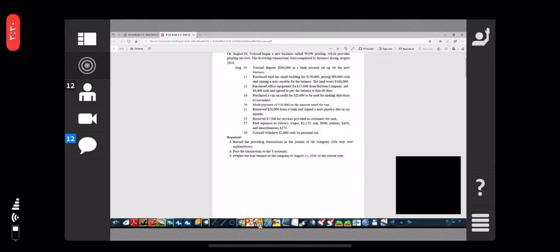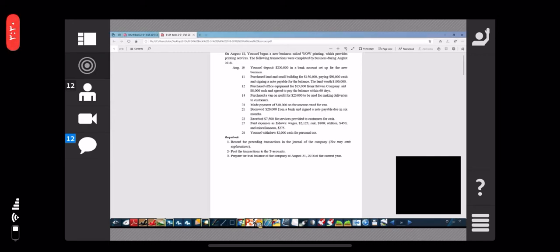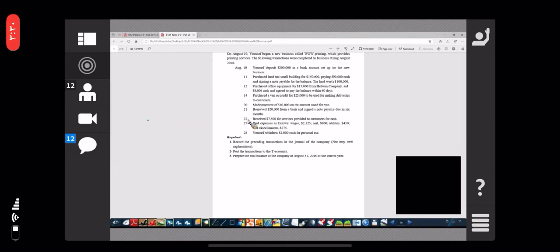The second requirement, he will ask you to post the journal entry to the ledger or to T accounts. But in the exam, he will not ask you to post all journal entries. He will tell you, for example, post to the cash account or the capital account.